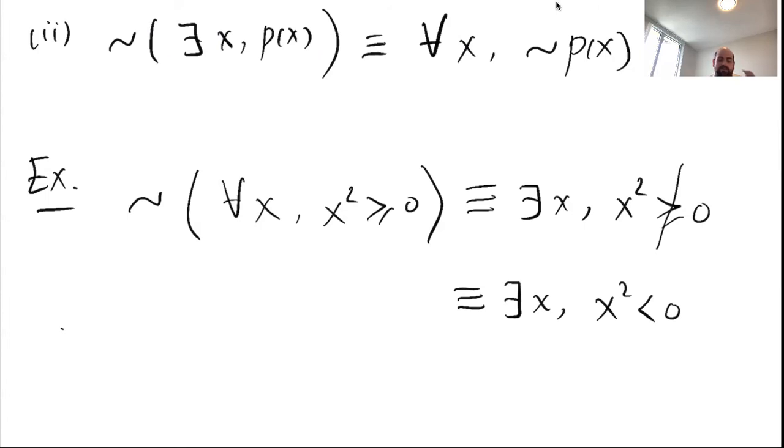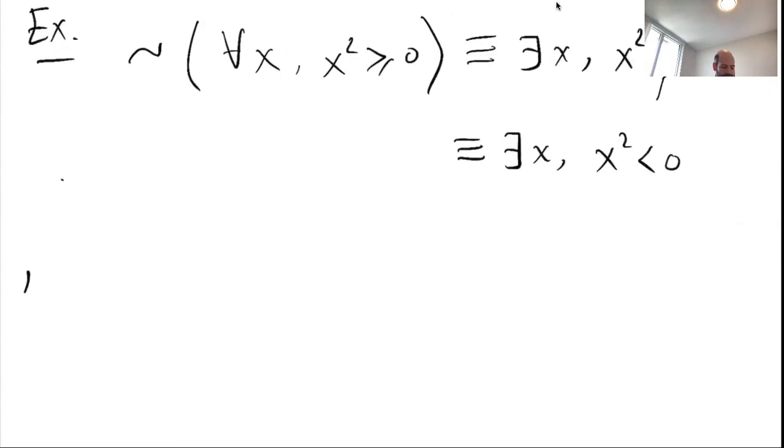One way to verify your answer is to remember that if you have a proposition P, negation P has the opposite truth value, right? So if P is true, negation P will be false. If P is false, negation P will be true. So let me write as a remark that for each X, X squared bigger than or equal to 0 is true.